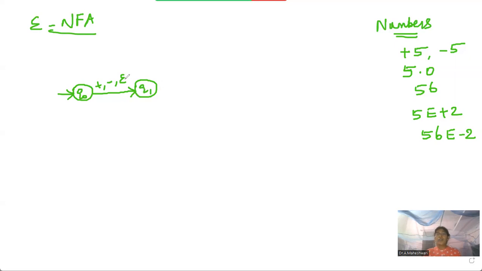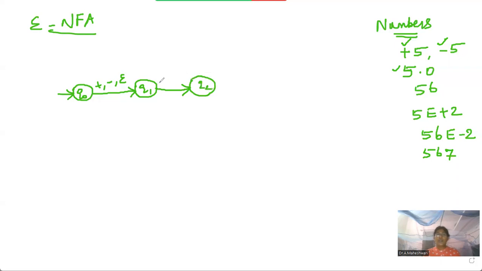Now this is satisfied, right? This one or nothing. After that, we have a number. It may be a single digit, 5 alone, or 56, or sometimes I can take 5, 6, 7, these three digits. So I'll start with one single digit as Q2.